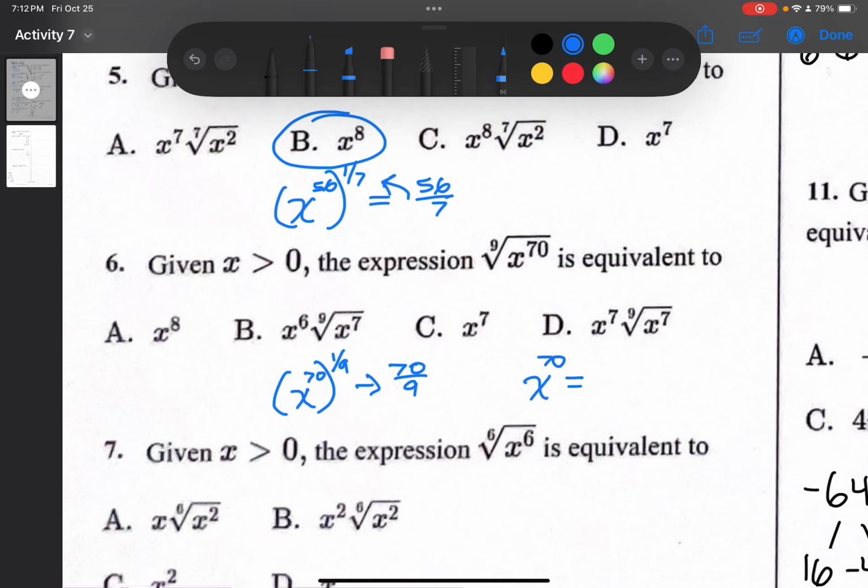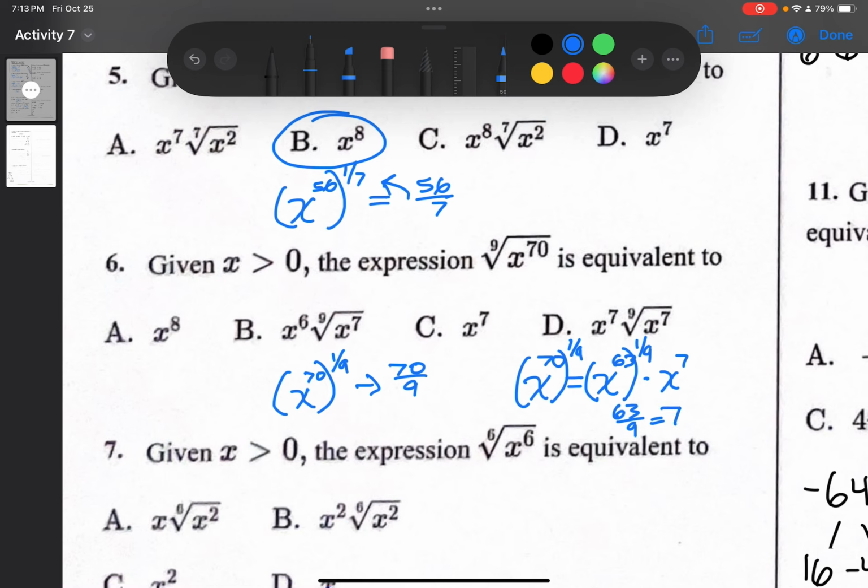also equals x to the 63rd times x to the 7th. So that all equals the same. But now, when we take this to the 9th, that's 63 over 9. That's an easy 7 pulled out of there.